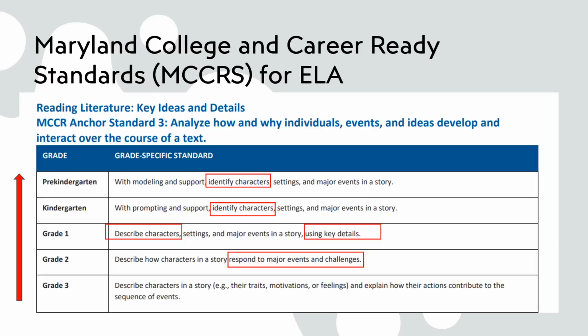To figure out what prerequisite skills and supports my students need, I can back map and look at this standard in previous grade levels. So in order for my students to be successful with this standard, they will first need to be able to identify the characters, describe the characters using key details, and describe how characters respond or act during different events or challenges.